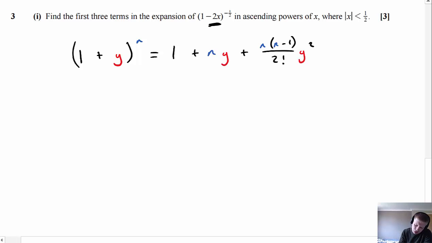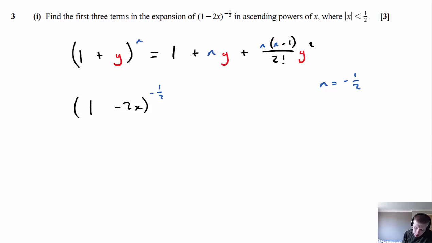If I write this out again, I've got (1 - 2x) to the power of negative a half. It's really easy to read off what is what, because my n is just my power, so n is negative a half. What's my y?